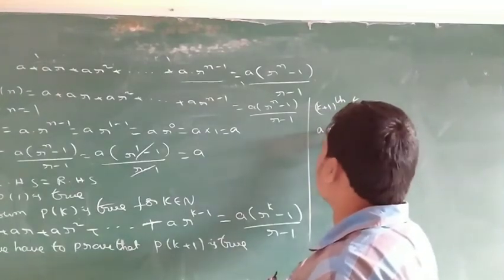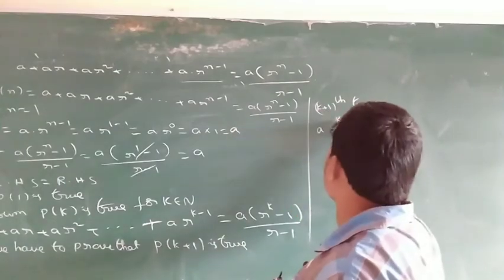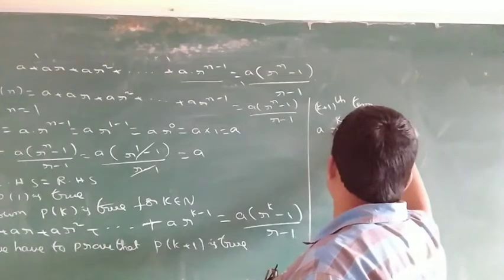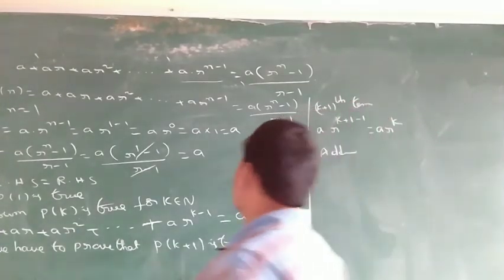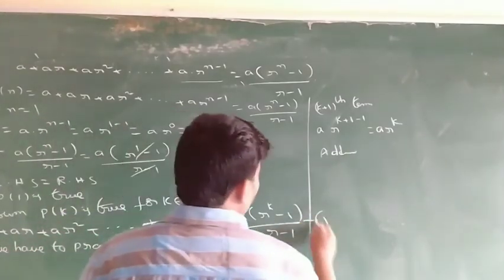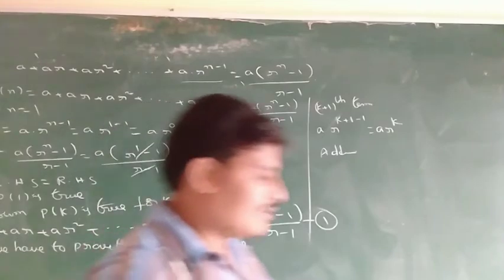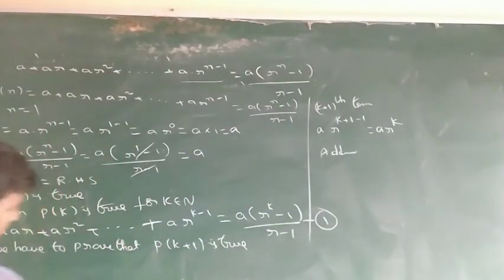So, a into r power n minus 1 becomes a into r power k plus 1 minus 1, so a into r power k. Next, add the k plus 1th term to both sides of equation number 1. Up to this is the common procedure. Next procedure. What is the next one?